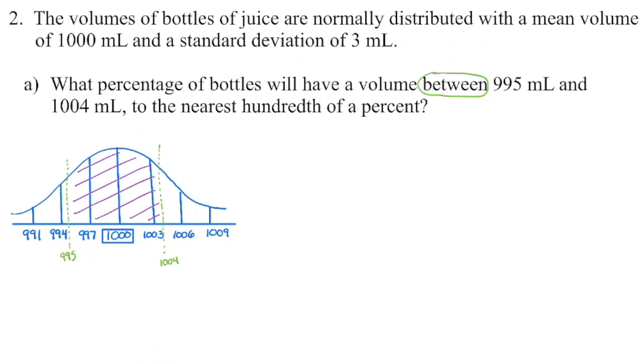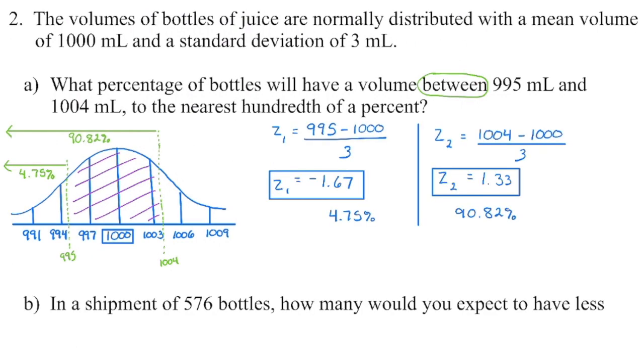Because I do not lie right on the standard deviation, we know that we need to calculate a z-score. My first z-score is going to round to negative 1.67. Now it's really important that you round properly. If you don't, you're going to get the wrong percentage. So follow your rounding rules, make sure you round up in this case. So that's over here, and then take a look.